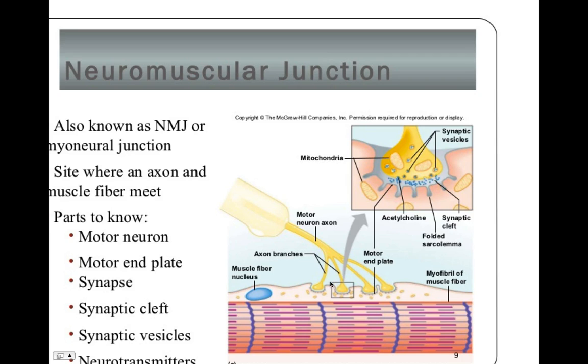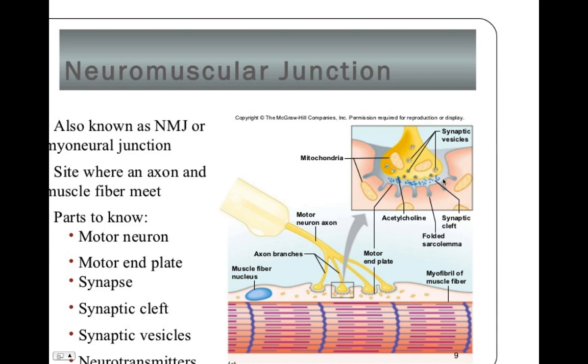Now in this diagram, where they have this box, you can see the axon coming down to meet the muscle fiber. This is your muscle fiber here. Where the axon and the muscle fiber meet, that is the neuromuscular junction.